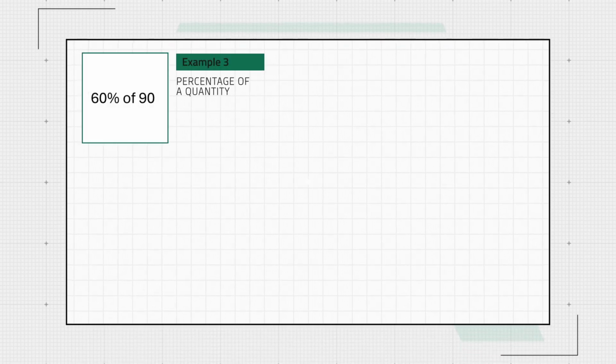Alright, this next one we have 60% of 90. Now let's rewrite it as 60 over 100 multiplied by 90 over 1. Let's look for some common factors that we can divide this by. What can we do between the common factors of 90 and 100? Well, I can divide them both by 10.